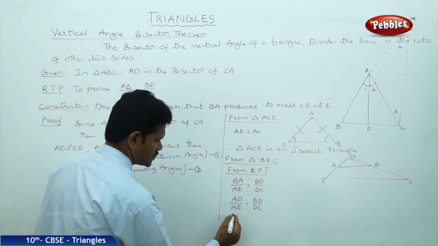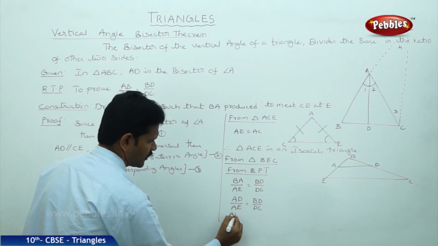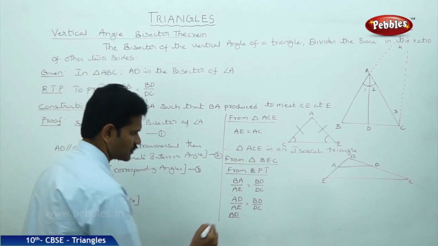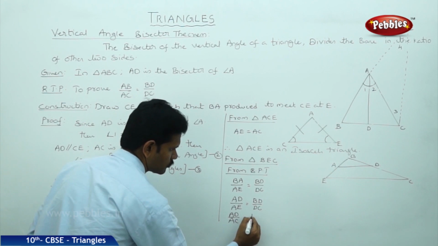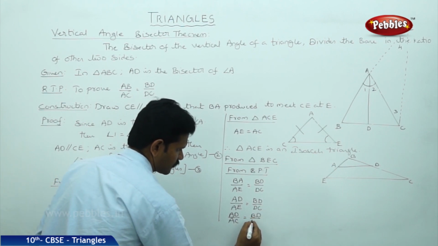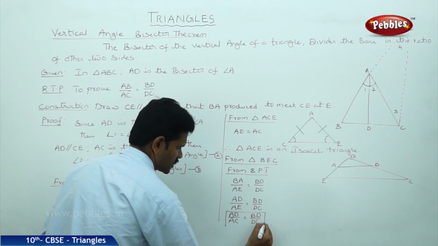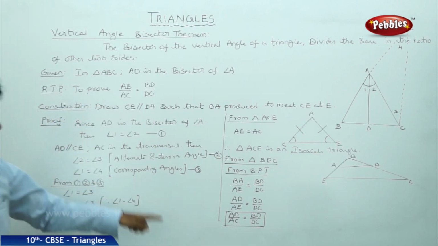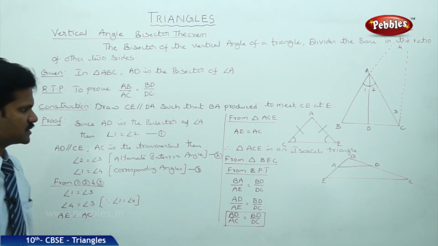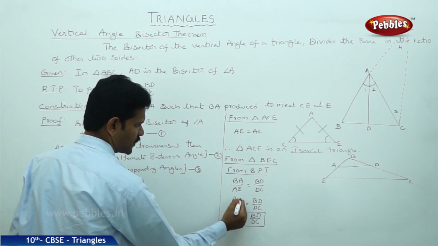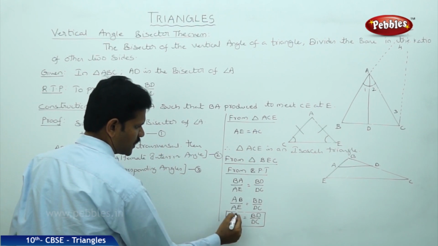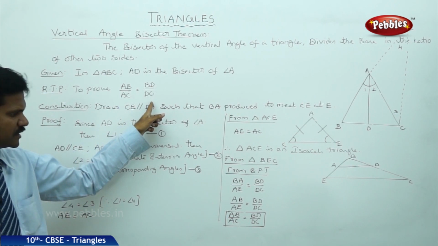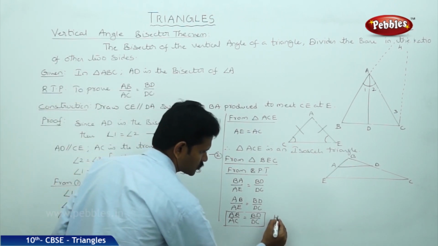Now, since AE is nothing but AC, AB by AC is equal to BD by DC. Hence the theorem. What we have to prove is AB by AC equal to BD by DC, hence proved.